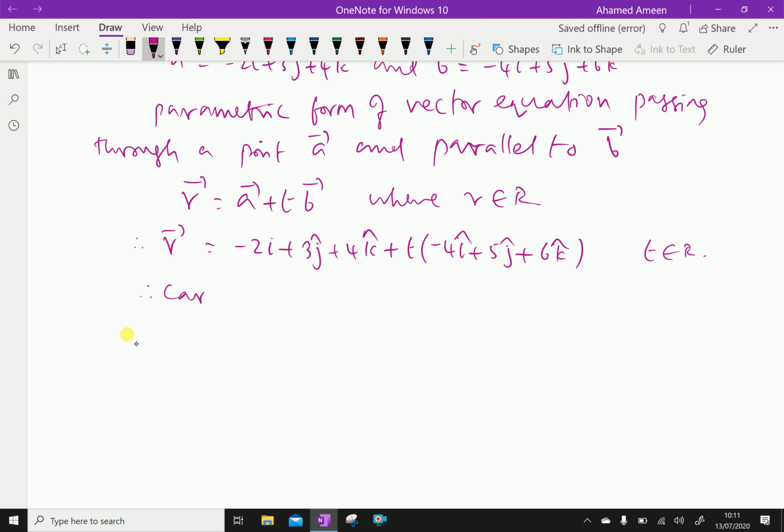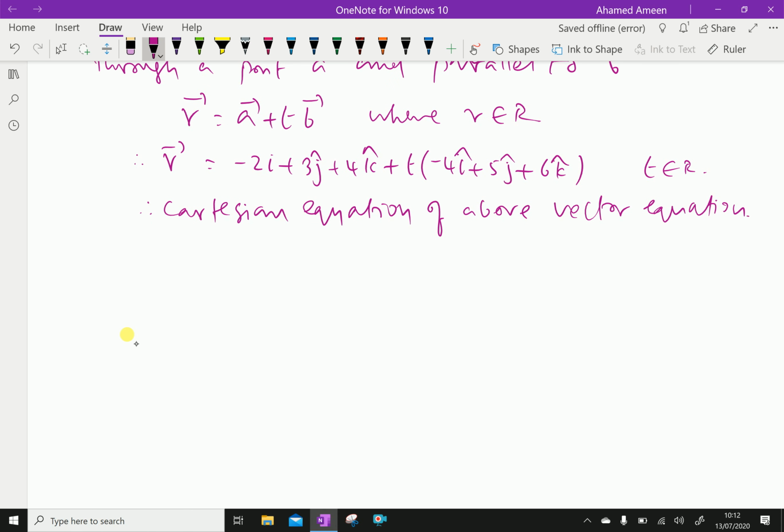We can write the Cartesian equation of the above vector equation as x minus x1 over b1 equals y minus y1 over b2 equals z minus z1 over b3.